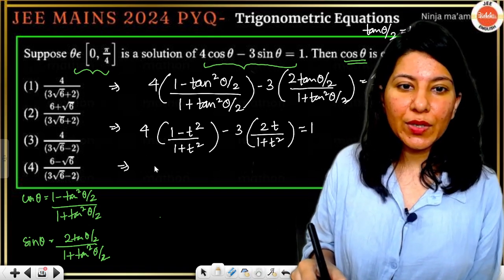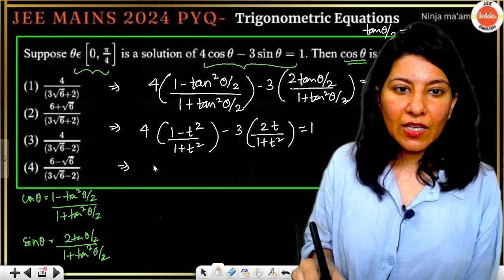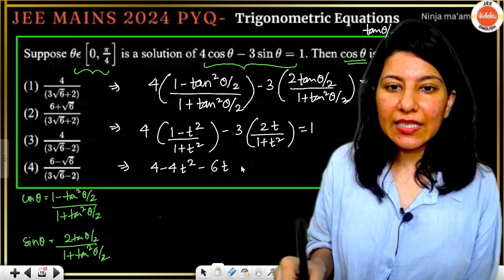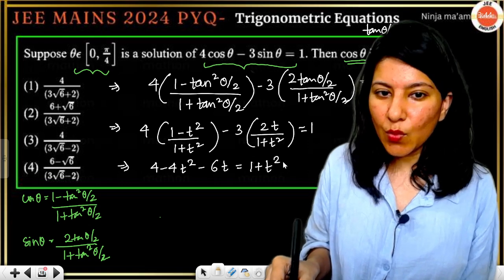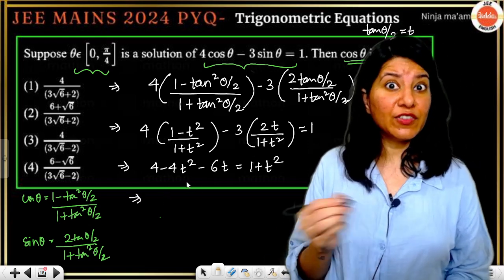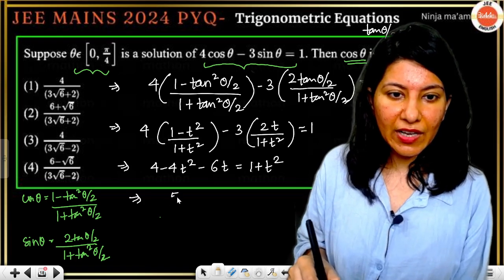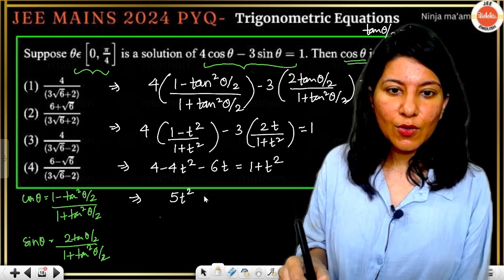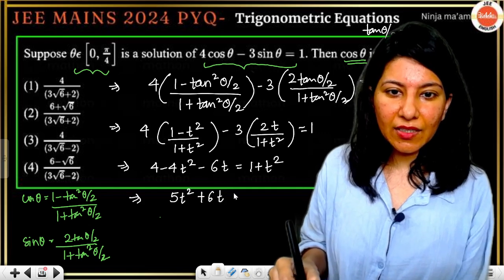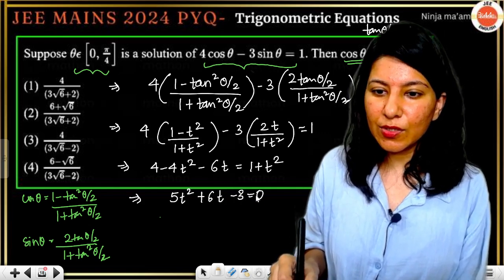So this is going to become 4 minus 4t square minus 6t is equal to 1 plus t square. Okay, so if you shift everything towards the right hand side, this is 5t square plus 6t minus 3 equals to 0.